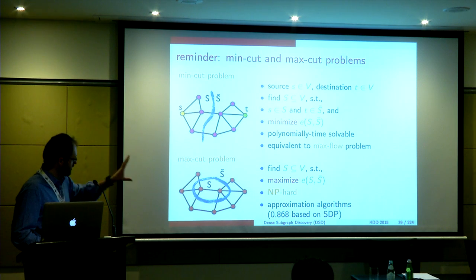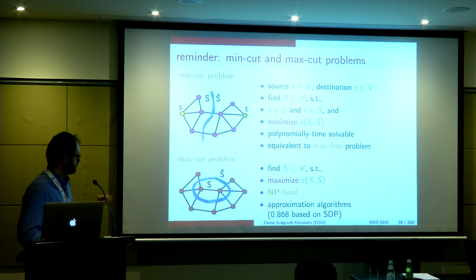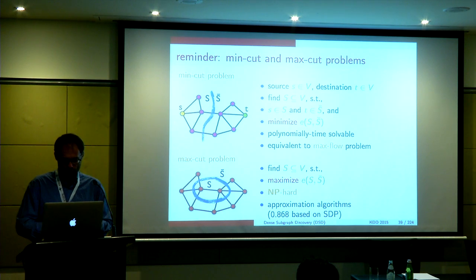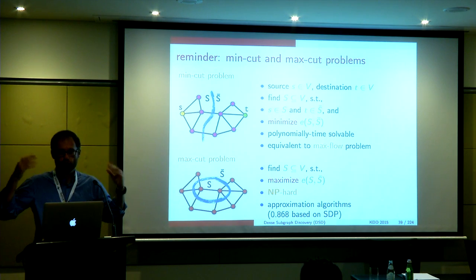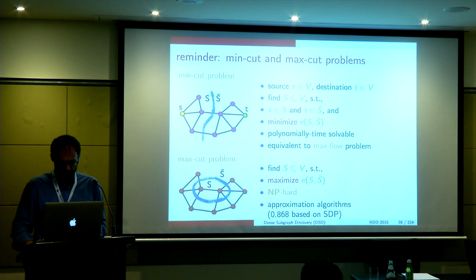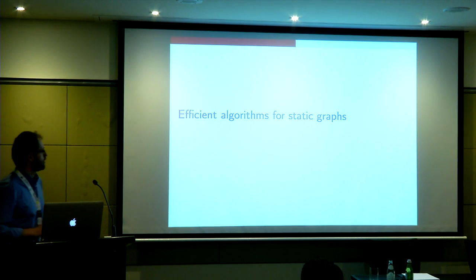But there are nice approximation algorithms. You can have a half approximation because the function is submodular, or you can have a very elaborate method based on semi-definite programming that offers a good approximation guarantee. Okay, this is just for you to remember, right? I don't know if you are familiar with these problems, min cut and max cut. Okay, and so this was our preliminaries.